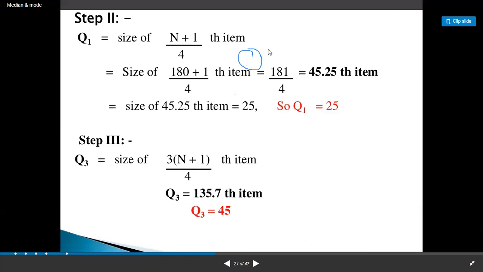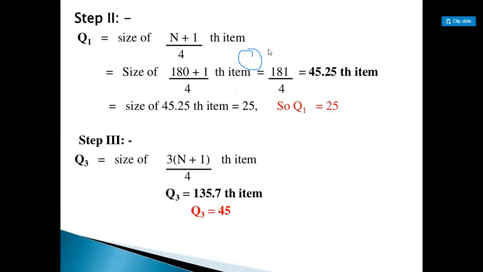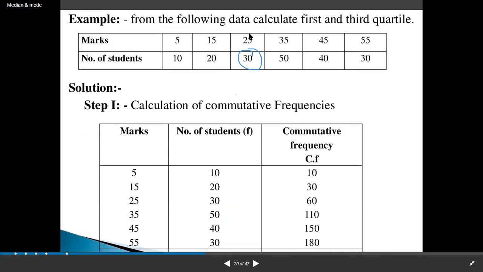Next, if you want to find out Q3, again 3 times (n plus 1) divided by 4. So 181 into 3 divided by 4, we get the answer 135.